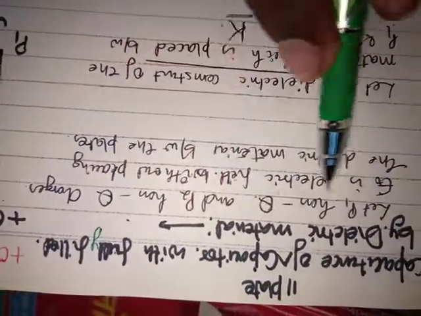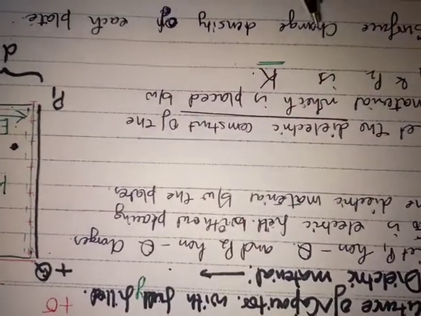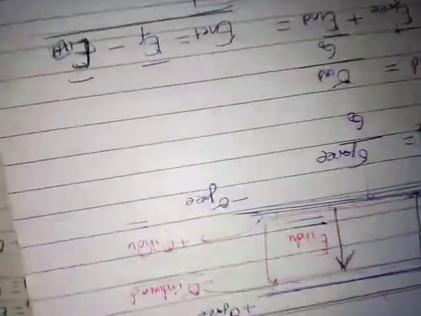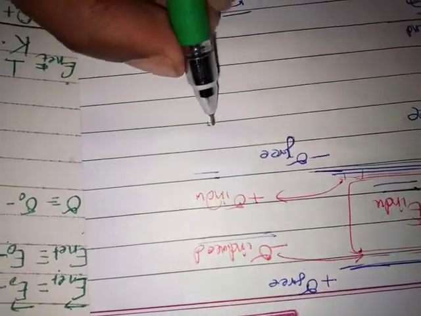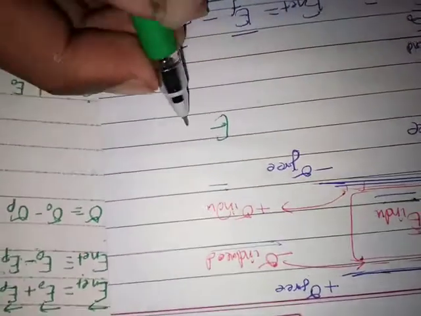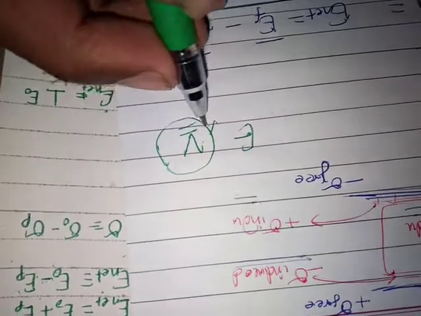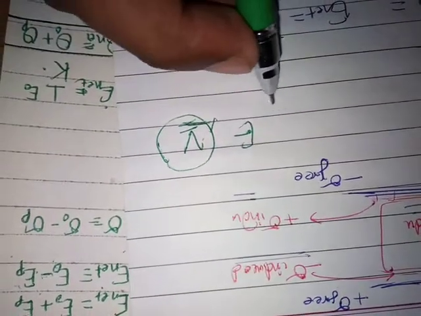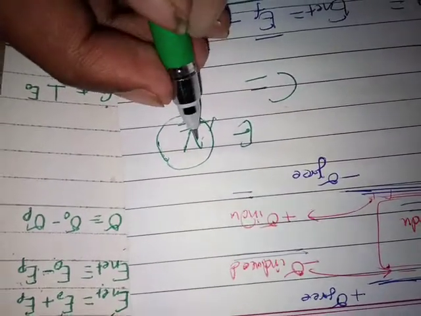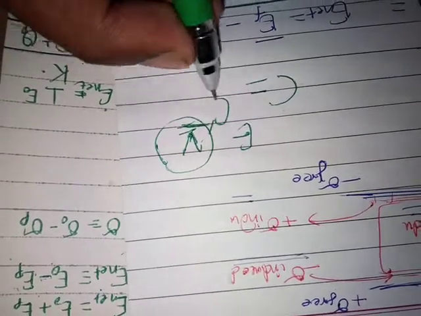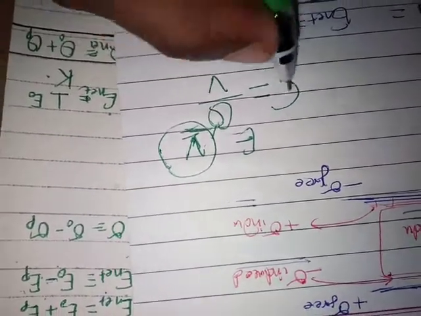I am deriving this by our traditional way, in which we first calculate the electric field between these two regions, then we calculate V, the potential difference between these two plates. Then we put this V value in the formula C equals Q upon V, and we can calculate the capacitance of this capacitor.